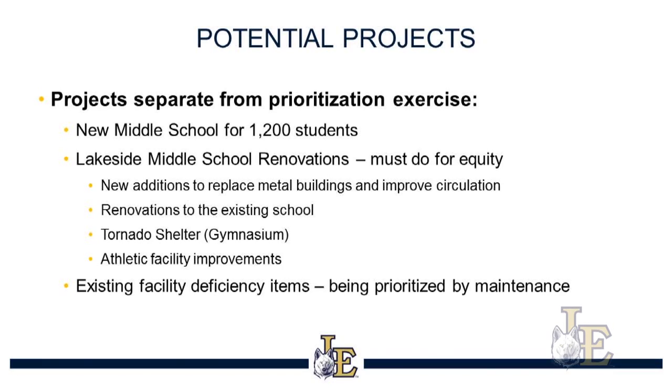So we have to factor that into the overall cost if we do additions. And then also, we're looking at athletic improvements that were discussed by the athletic director at that previous meeting last week, if you recall, some of the things, the track needs improving, and some of those other things. So we are looking at those.